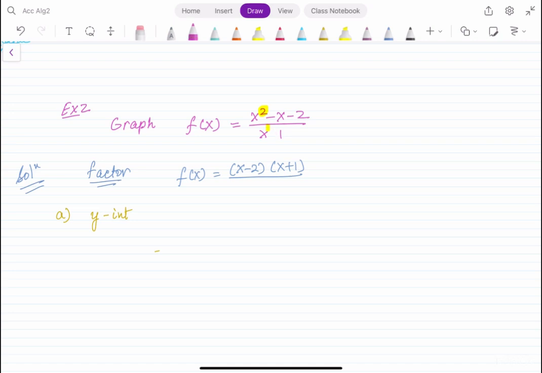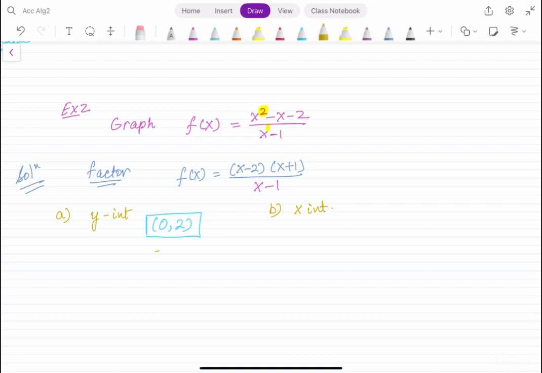So the numerator will be factored as x squared minus x minus 2, and the denominator will remain as x minus 1 only. So we did the factoring part. The next step is to find the intercept. And after factoring, you can see I cannot cancel out anything. So we are not looking for any hole here. So straight away, y-intercept will be 0, 2.